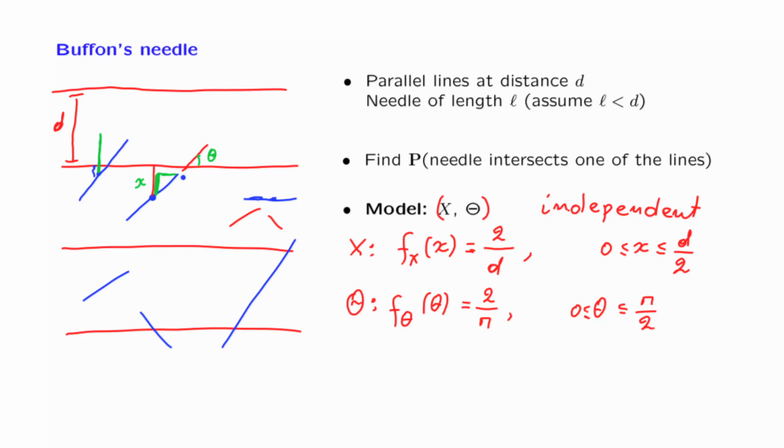So we have an intersection if and only if the vertical extent, which is this vertical green segment, is larger than the distance x, or equivalently if x is less than the vertical extent. So we will have an intersection if x is less than or equal to the vertical extent of the needle.